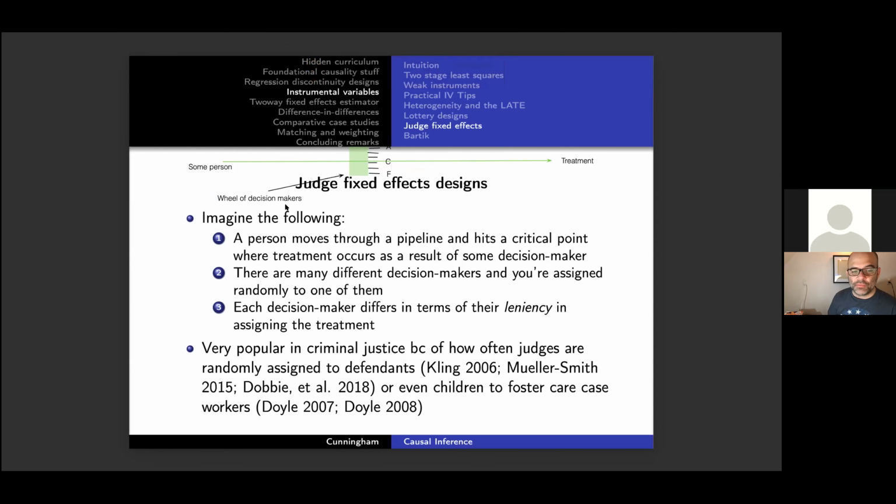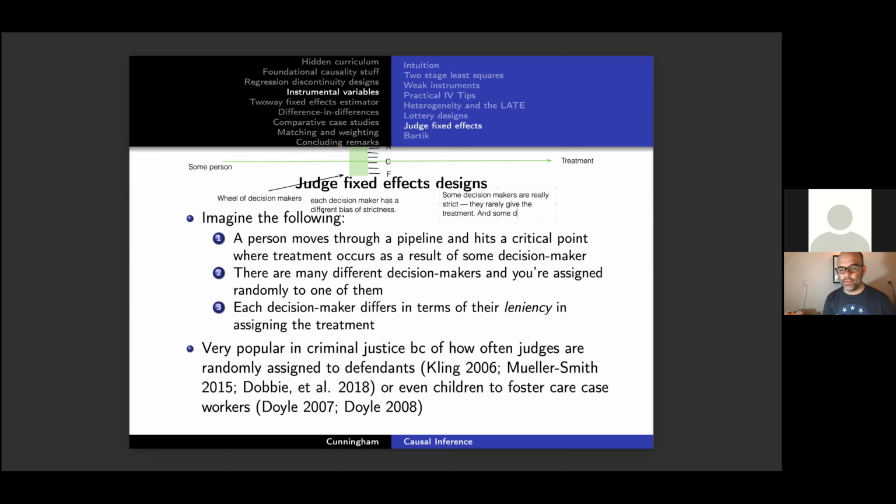And each decision maker has a different bias of strictness. Some decision makers are really strict. They rarely give the treatment.